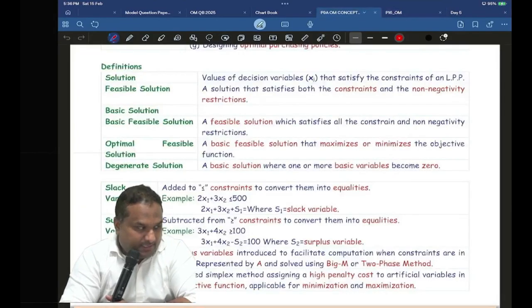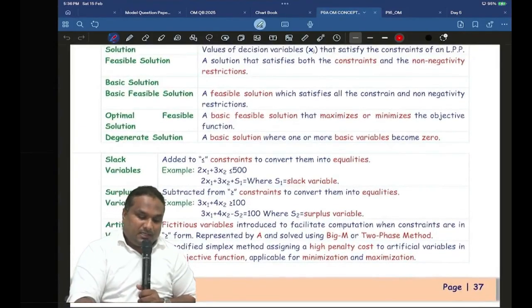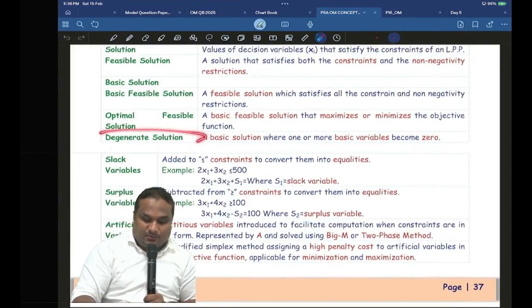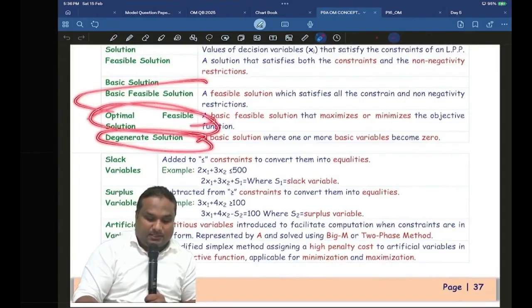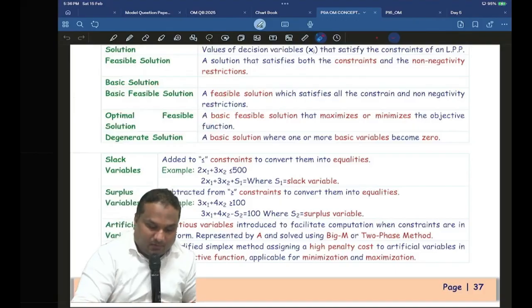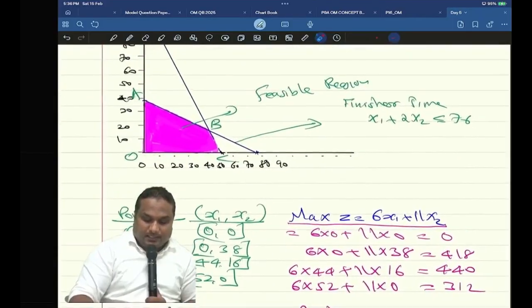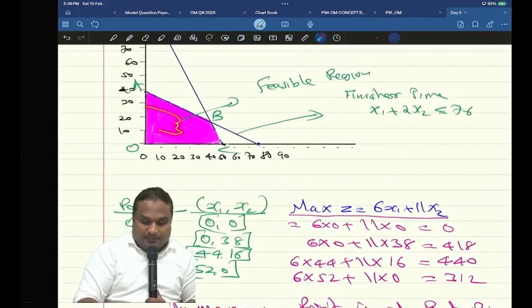Now let's have a look. In our concept book, there is degenerate solution, optimal solution, basic feasible solution, and solution. Let's see what exactly they are. Now look here. This is called the feasible region.